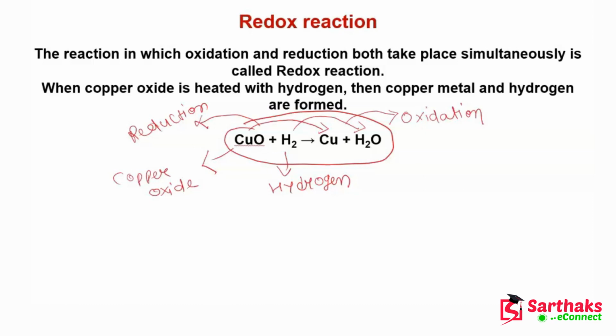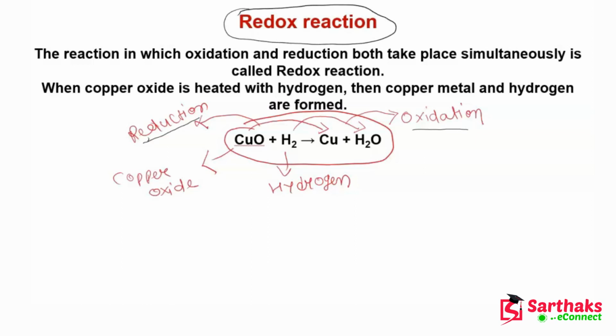Now we just wanted to see that these two things are happening simultaneously. Reduction is also happening and oxidation is also happening in the same reaction. So these types of reactions are known as redox reactions.